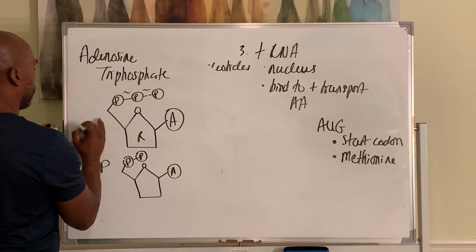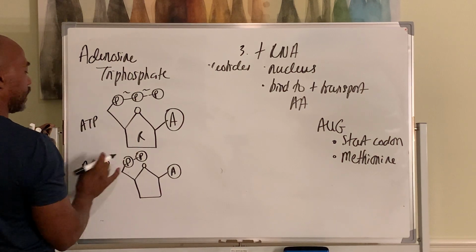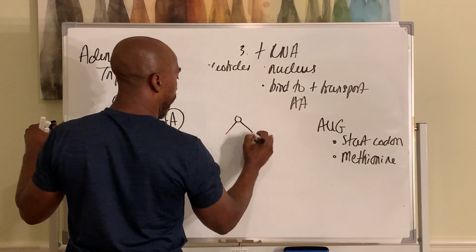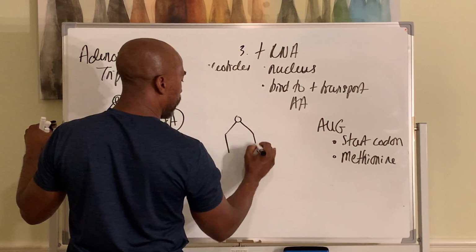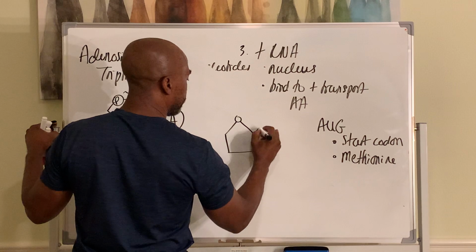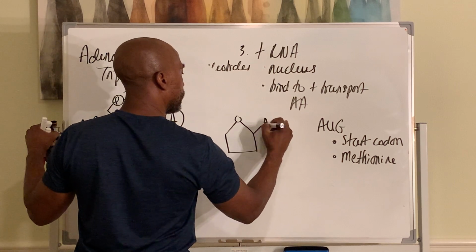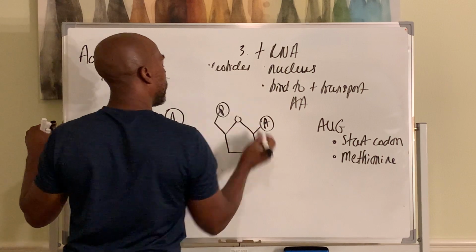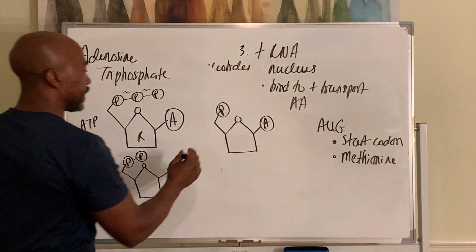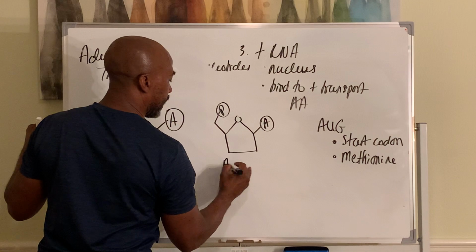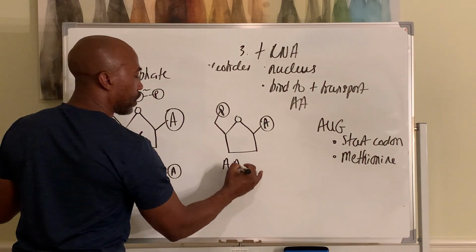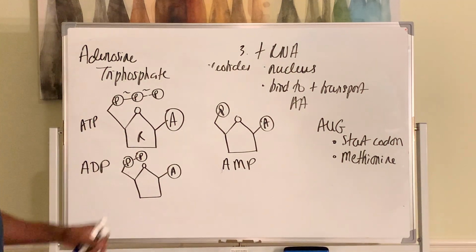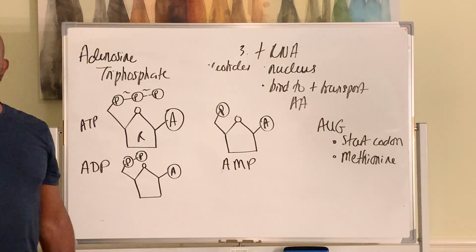So this is ATP, with 3 phosphates attached. And then you can further break down the remaining diphosphate by removing one more phosphate group, and what you're left with is AMP, adenosine monophosphate. These are all RNA nucleotides that are used for energy. Okay, we'll stop there.